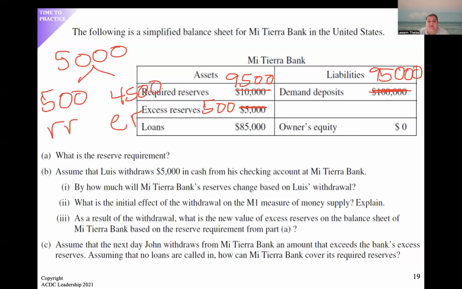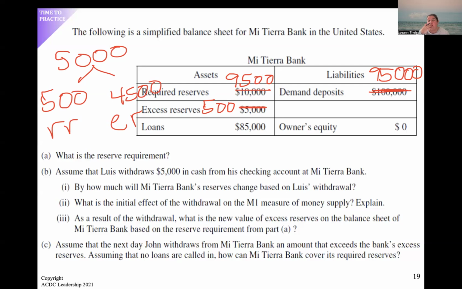Okay. As a result of the withdrawal, what is the new value of excess reserves on the balance sheet? We already did that. New excess reserves, $500. Assume that the next day Johnson withdraws from Metera Bank an amount that exceeds the bank's excess reserves. Assuming that no loans are called in, how can Metera Bank cover its required reserves?